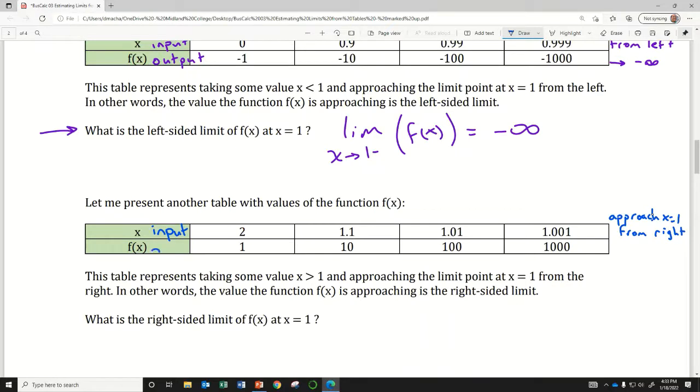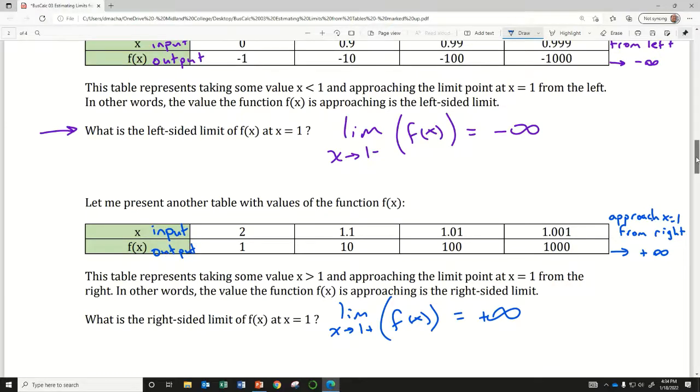And the output values of my function are going 1, 10, 100, 1000. It looks like I'm approaching positive infinity because these numbers just keep getting larger and larger. Now, that means if you asked me what is the right-sided limit, as x approaches 1 from the right side of our function, to me this looks like positive infinity based on our table.